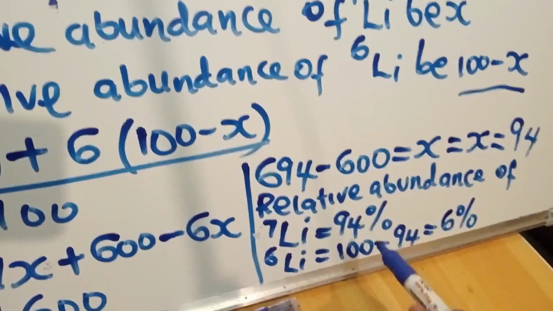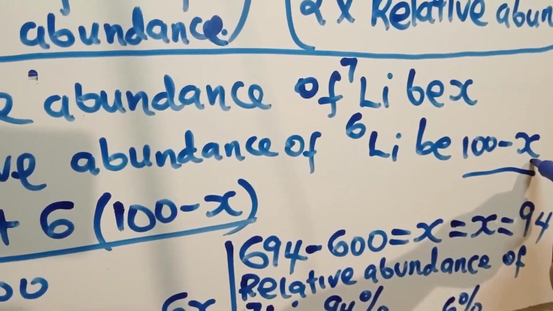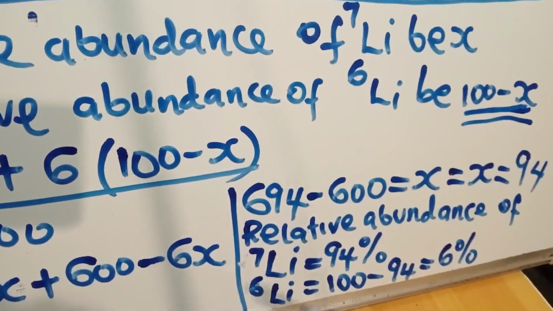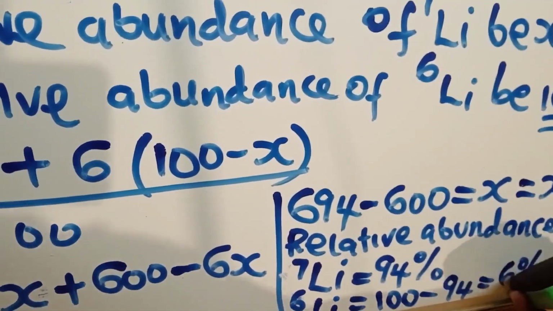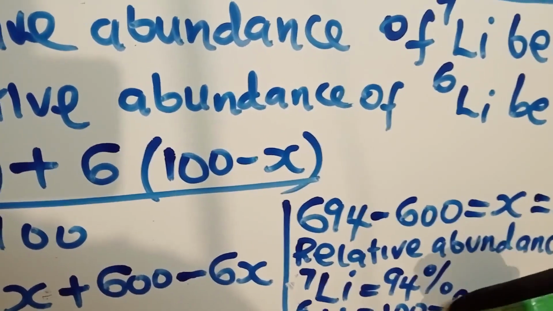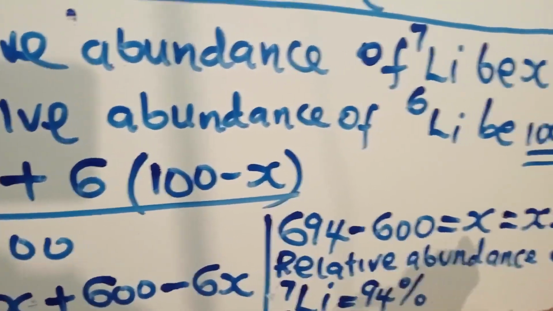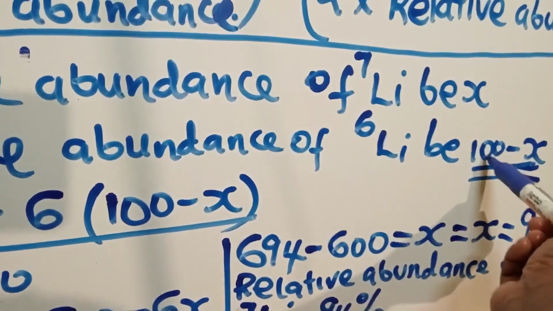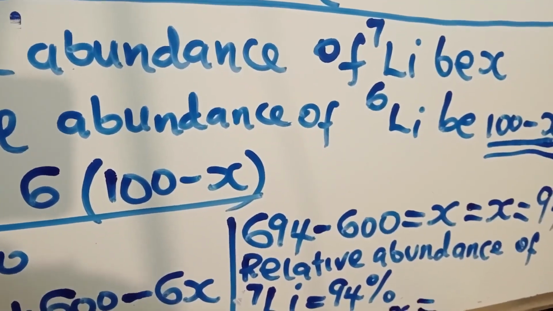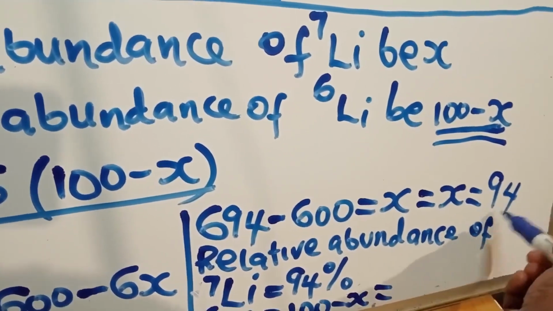And why have we put 100 minus 94? It's because for lithium 6 it was 100 minus X. So you can actually even arrange it from that point of view. So that you don't get confused where we are getting all these. Lithium 6, we have 100 minus X. So first of all, put the X. Then you say, in the determination of the value for X, that one was 94.